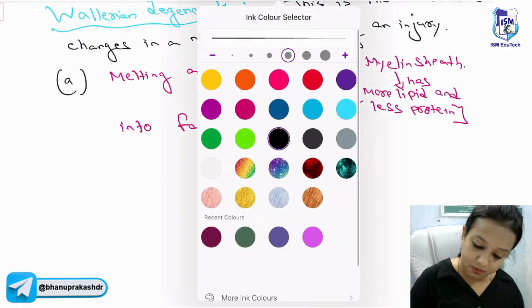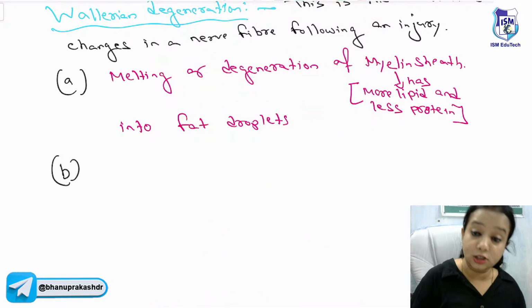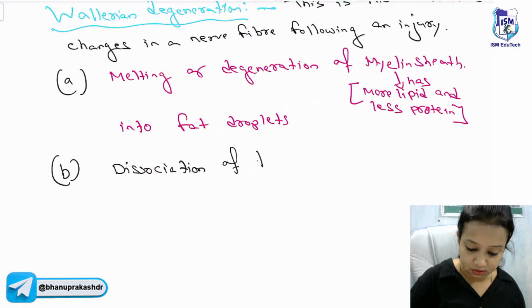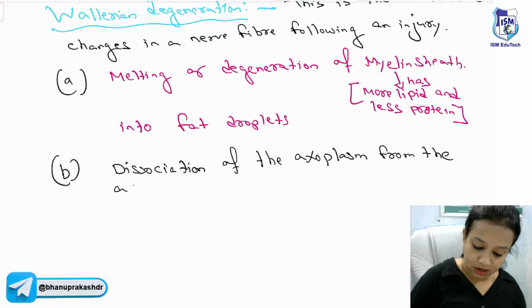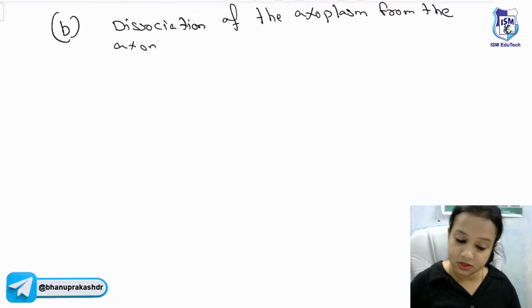And then what happens inside the myelin sheath? We have the axon and axoplasm. So there is dissociation of the axoplasm from the axon. Now, what happens after this?